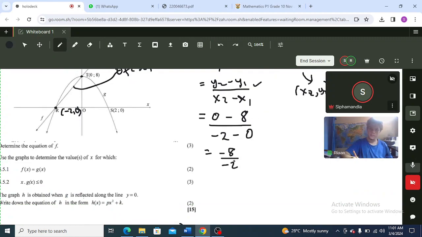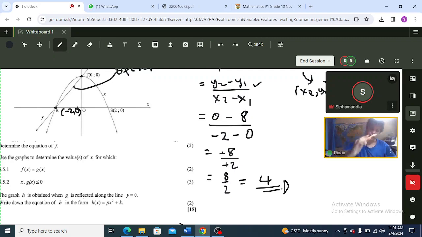I'm not saying the answer that you got is not correct, but I want you to be careful how you write it. Everything must be clear for the marker. The marker must see that you are coming from this step to that step. So the final answer, because the negative will cancel that negative, will be 8 divided by 2, which is 4, the same answer that you got.